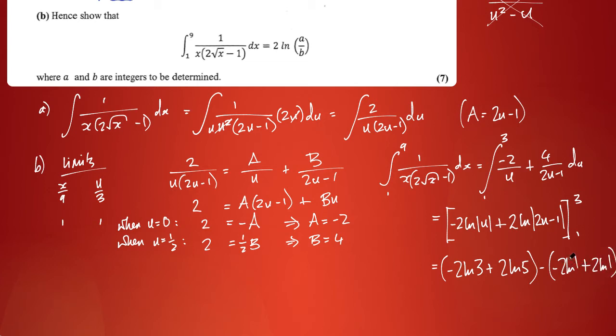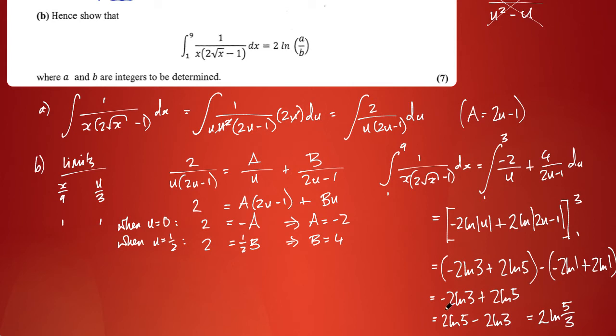And of course ln 1 is 0, so both of those are 0, so I end up with minus 2 ln 3 plus 2 ln 5, which it's easier to just swap around: 2 ln 5 minus 2 ln 3, which equals 2 in front of both, ln 5 over 3.